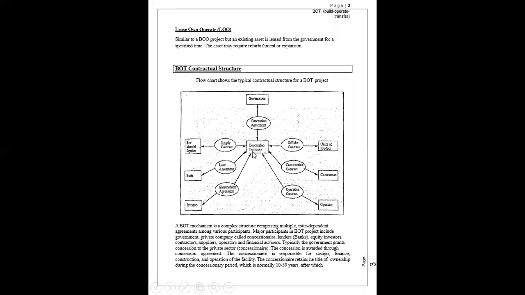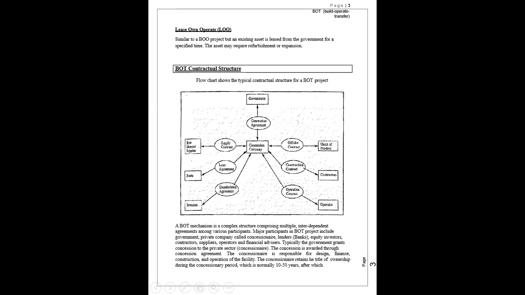Then he can make the legal agreement with some other bodies, then subordinate agreements to different investors, official contract, use of product, then construction contract to the contractor, and then operating contract to the operator.